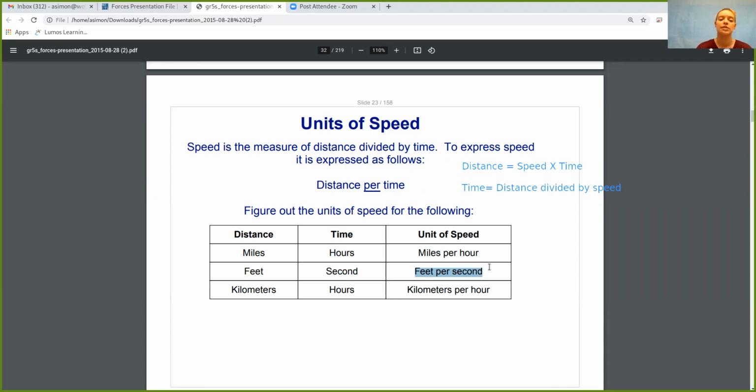And if we're given a distance of kilometers and a time of hours, our unit of speed is going to be kilometers per hour. And we can continue on with this. What if our distance was meters and our time was seconds? What would our unit of speed be? You should have said meters per second. That would have been our unit of speed.